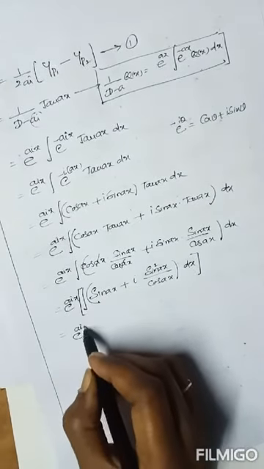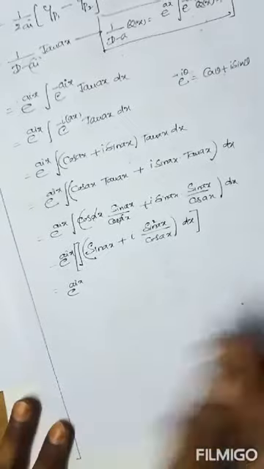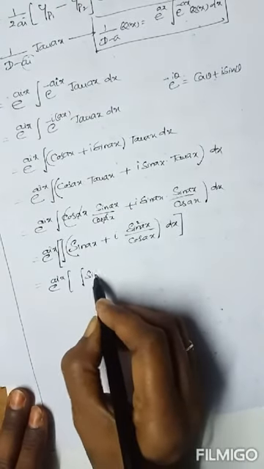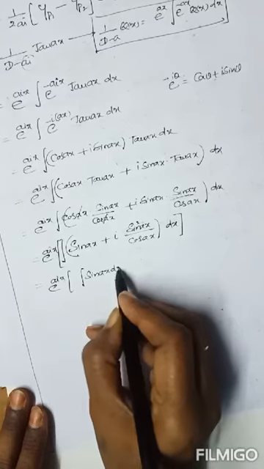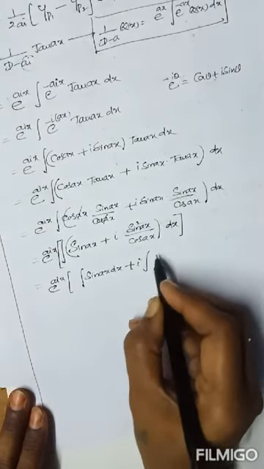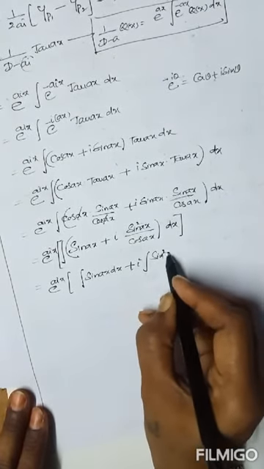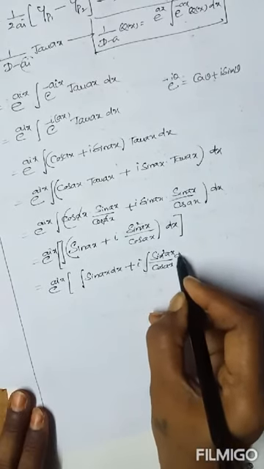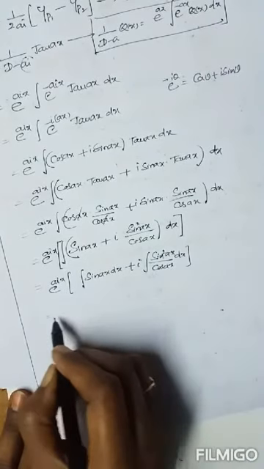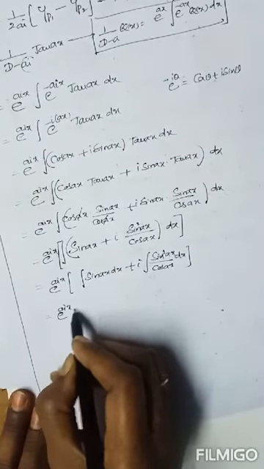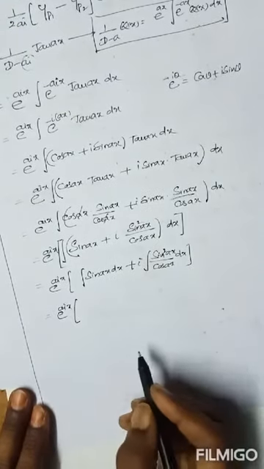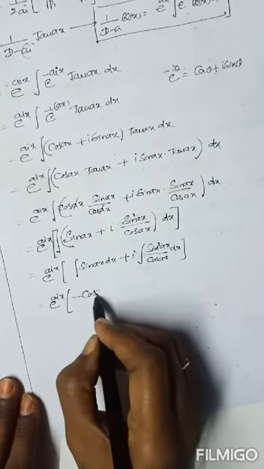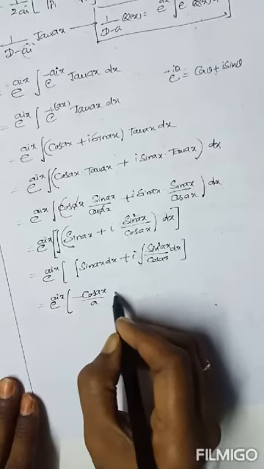E power ax, integration of the first term into dx, plus integration of the second term. Integration of sin ax is a directly standard formula, so that is minus cos ax by a.